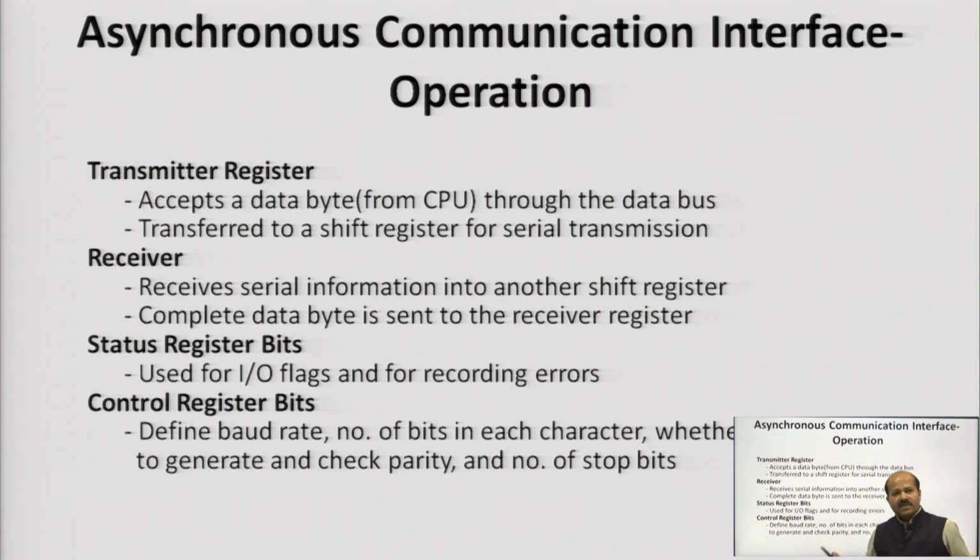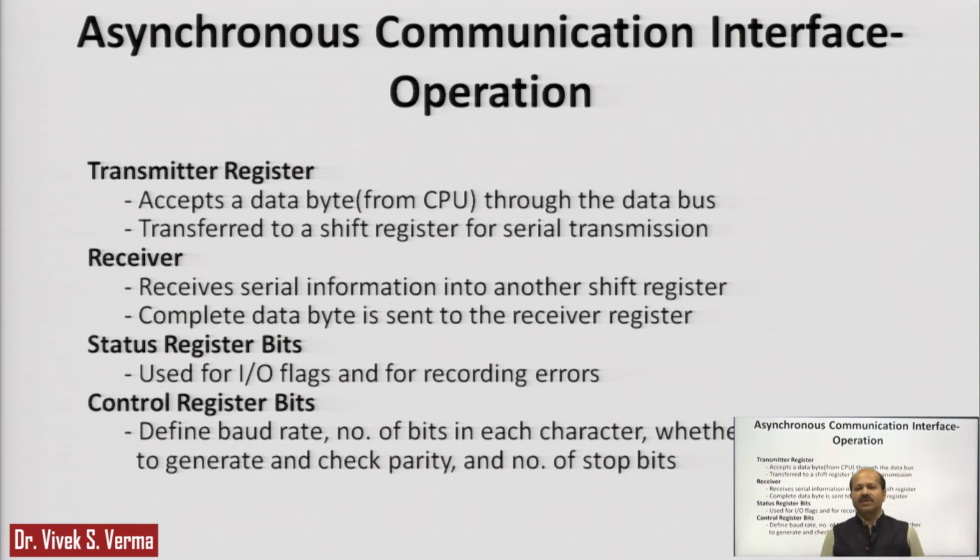When this device is working as a receiver, it receives serial information into another shift register, and the complete data byte is sent to the receiver register. The status register is used to check the IO flags and for recording errors. The control register defines the baud rate, number of bits in each character, whether to generate and check parity, and number of stop bits. These are the various components used in asynchronous serial transmission.